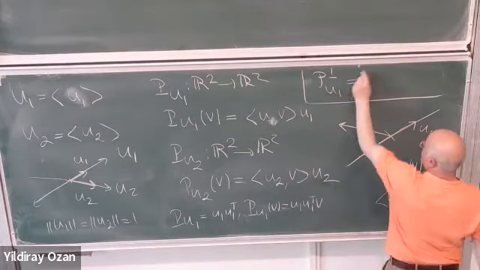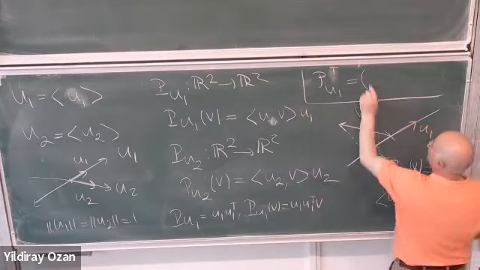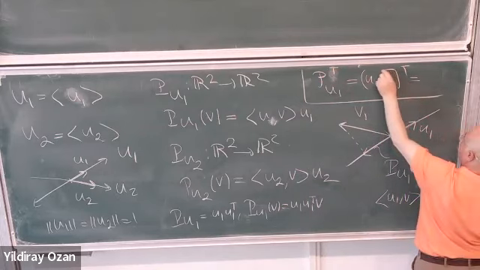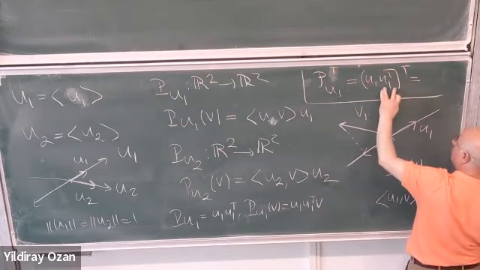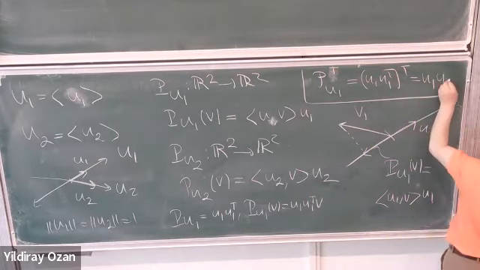It is just U1 transpose. What is the transpose of this? Transpose of this one, which is U1, and then transpose of this one.